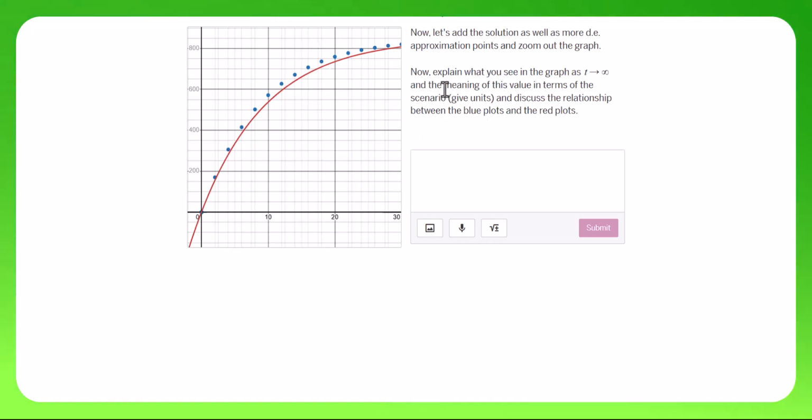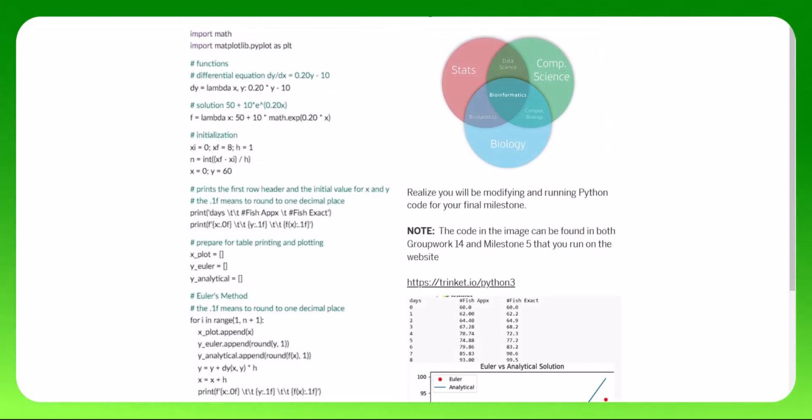When we're looking at a drug, we don't really call this carrying capacity anymore. We call it equilibrium. And equilibrium is also where the differential equation equals 0. Remember that, because in the milestone, you're going to have to find the equilibrium. You just set your differential equation equal to 0.